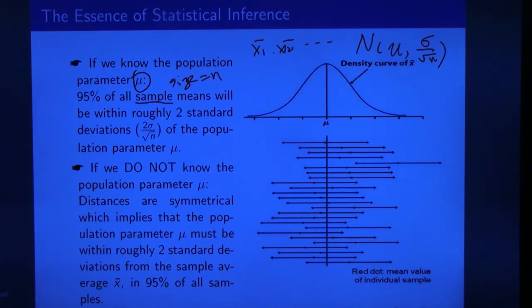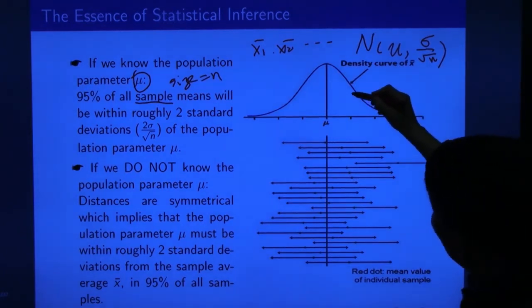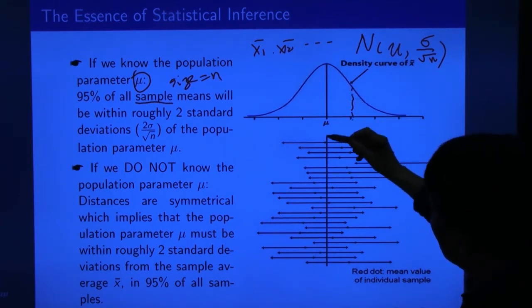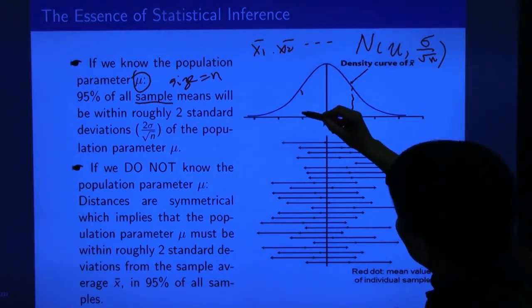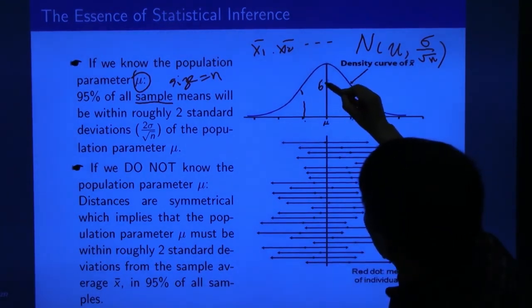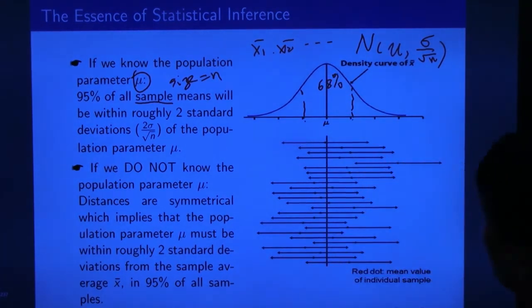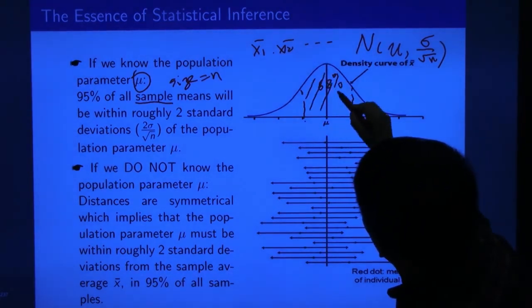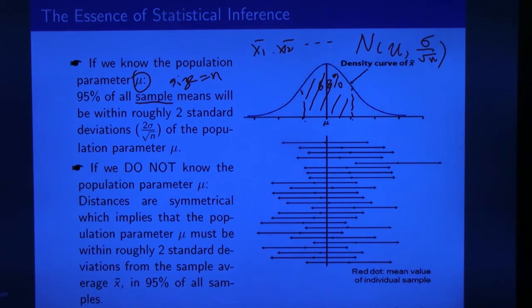From the second chapter, we know that within plus one standard deviation and minus one standard deviation, we are going to have about 68% of proportions or probabilities.